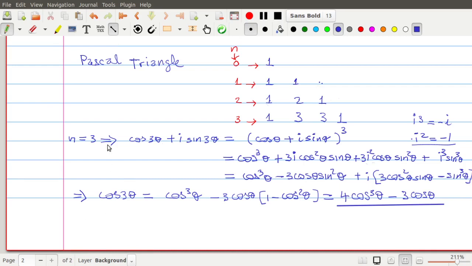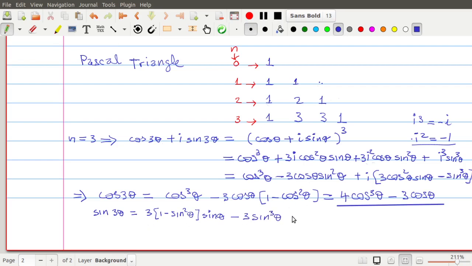So we also have sine 3 theta equal to 3 cosine square, which is 1 minus sine square theta, into sine theta, minus 3 sine cube theta.